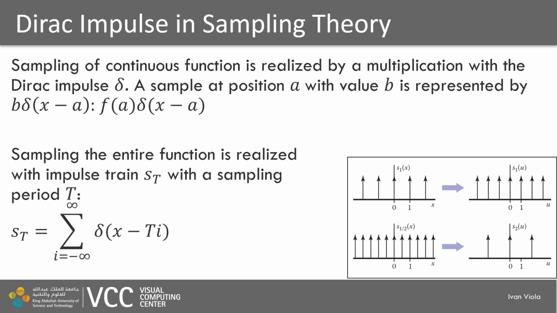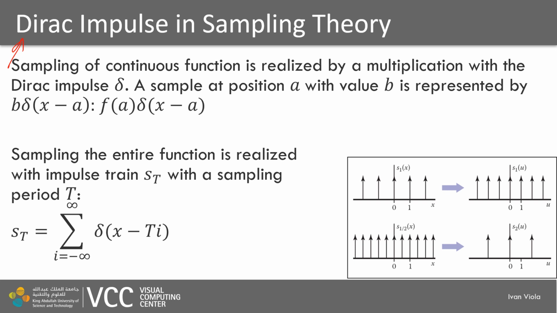And then we also have, remember, our Dirac impulse, which is our identity operation for the convolution. Its representation can be used for creating what we call a comb filter.